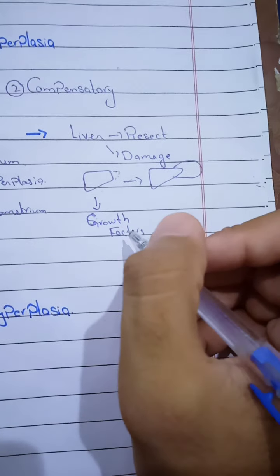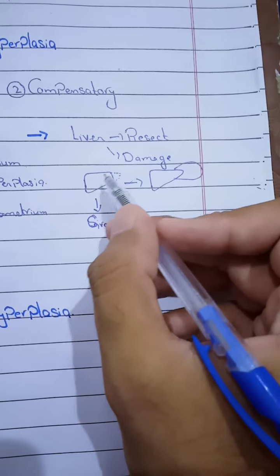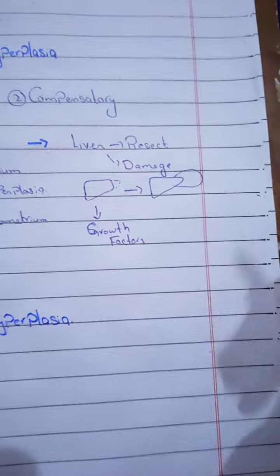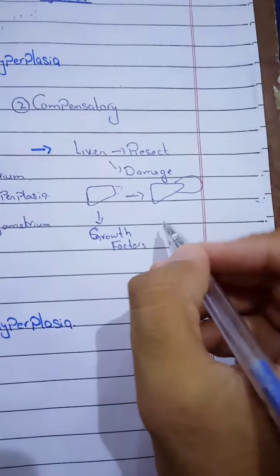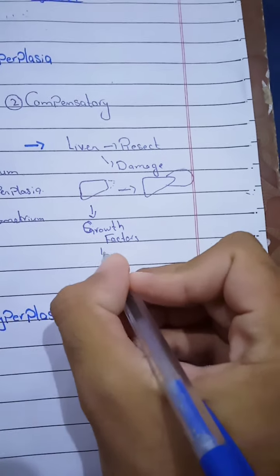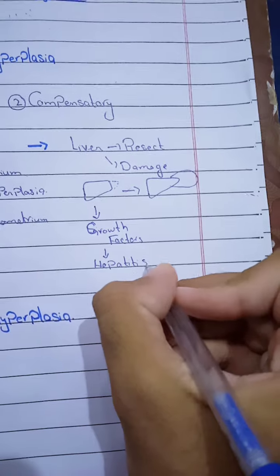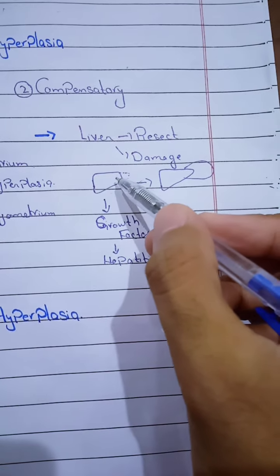These growth factors work on the cells which are not resected, and the entire area which I cut will be made again. But remember that if there is hepatitis, inflammation of the liver, then these growth factors do not work on these cells.